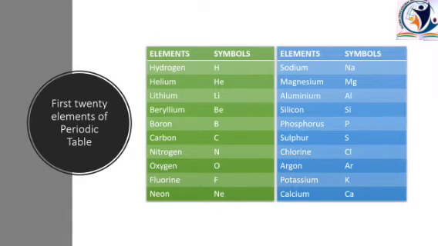The first element is hydrogen, symbol H, helium He, lithium Li, beryllium Be, boron B, carbon C, nitrogen N, oxygen O, fluorine F, neon Ne, sodium Na, magnesium Mg, aluminium Al, silicon Si, phosphorus P, sulfur S, chlorine Cl, argon Ar, potassium K and calcium Ca.